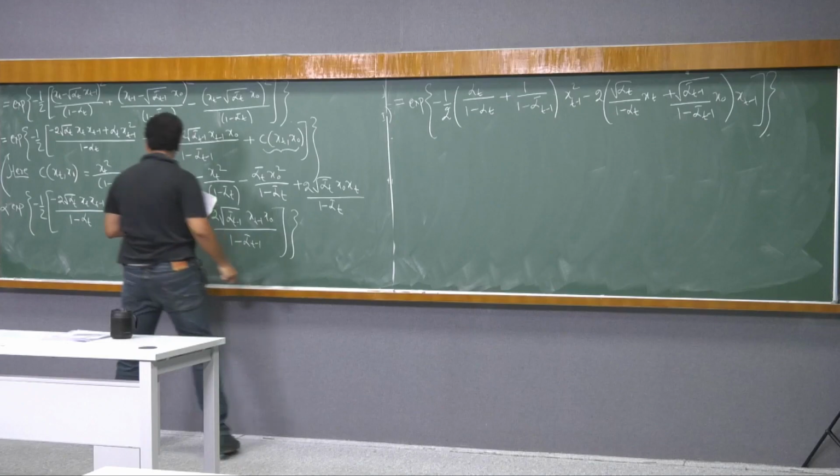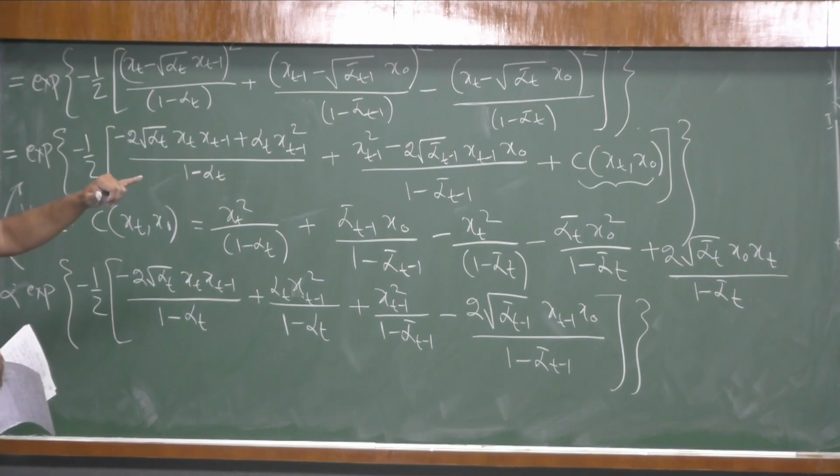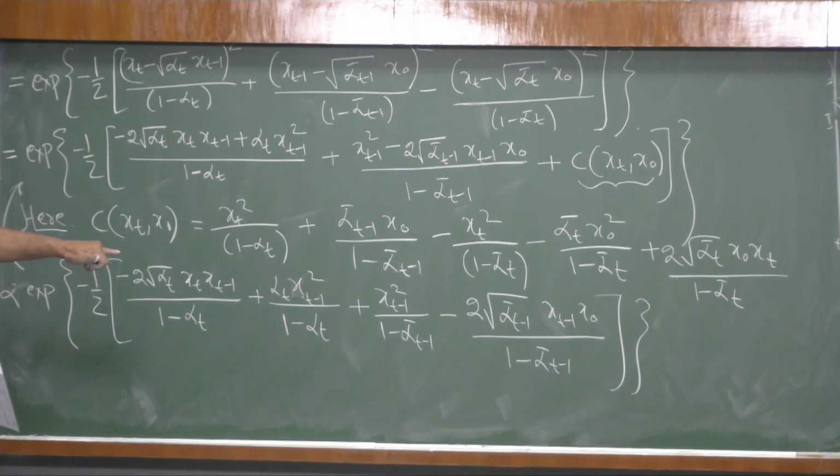I have taken xt minus 1 squared common, so I have alpha t by 1 minus alpha t and 1 by 1 minus alpha bar t minus 1, that's right, and then xt minus 1 with the 2 is taken common. So then we have square root of alpha t xt divided by 1 minus alpha t, and then we have square root of alpha bar t minus 1 x naught over 1 minus alpha bar t minus 1, that is correct.